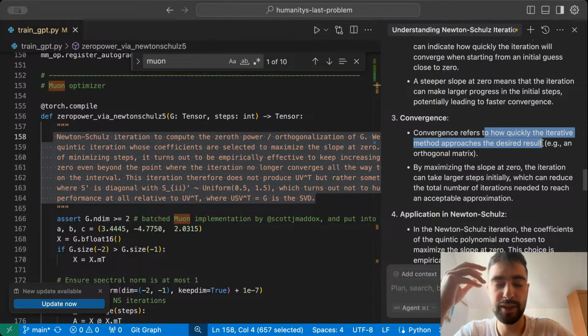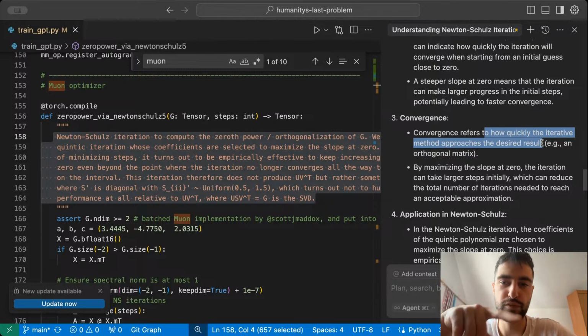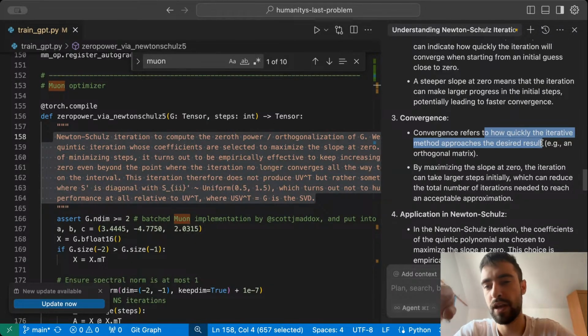And the goal of this approximation is to convert our weights and activations matrix into an orthogonal matrix. Like, I guess, the closest orthogonal matrix. So it's not going to be the same. It's going to be changed, I think. I don't know. We'll see.